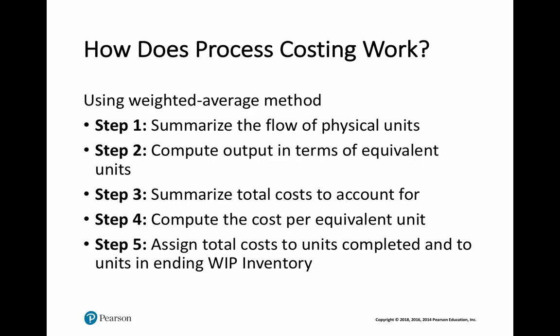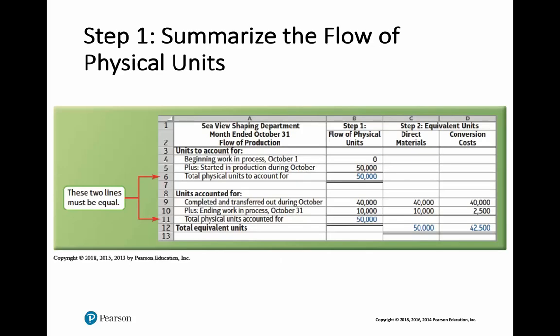If you understand how to do these 5 steps and what you're calculating, that's going to go a long way in you doing well in this chapter. So we have this 5-step process here, and we're going to go through it step by step as related to our example company.